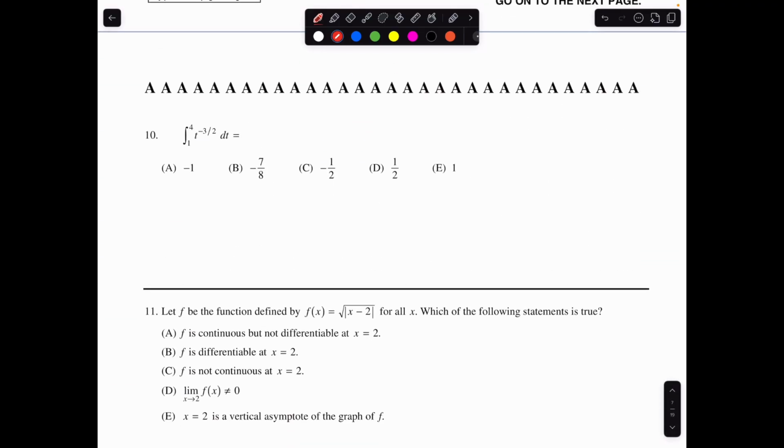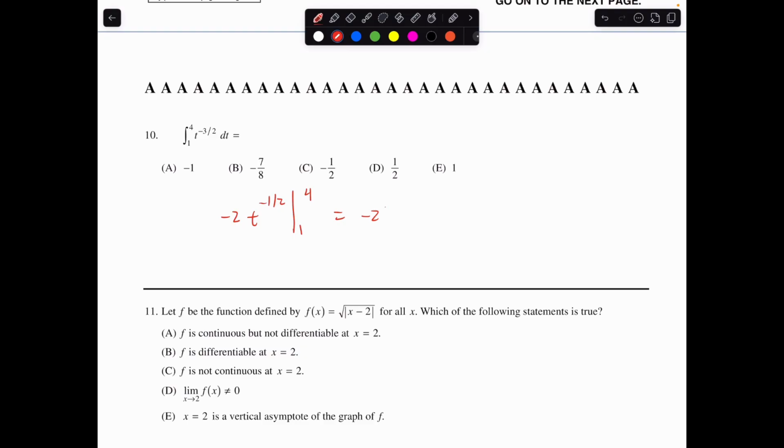Okay. So solving this integral. All right, this integral is easy. It's just the reverse power rule for integrals essentially. So I'm going to add 1 to the power, so plus 1, that's negative 1/2, and then I divide by the new power, so I multiply by 2, and then I'm evaluating it from 1 to 4.